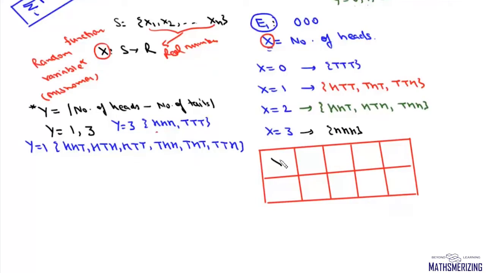Here we're going to write random variable x, and it can take 4 values 0, 1, 2 and 3, and here we're going to write their corresponding probabilities.